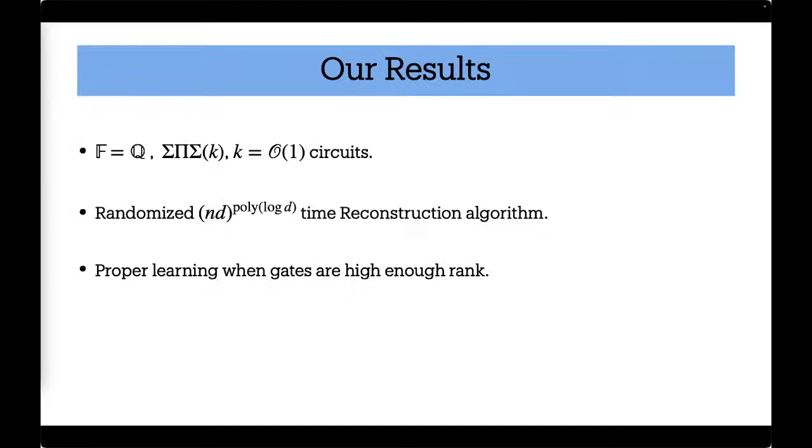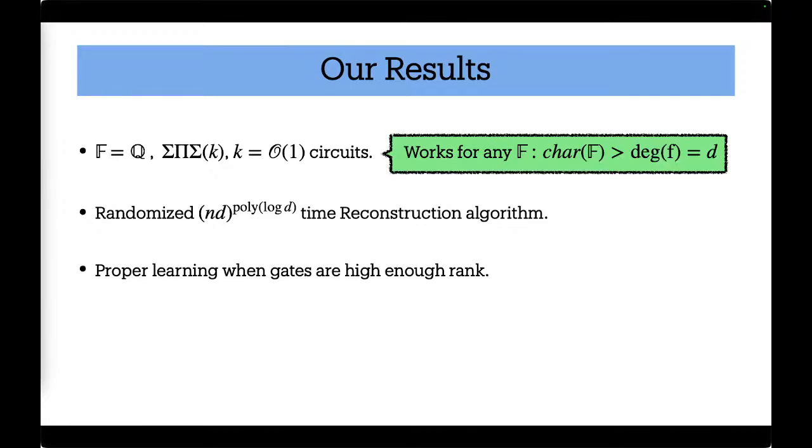Our result is, for the purpose of the talk, think of the field to be rationals. And the circuit that we are going to look at is constant top fan-in depth 3 circuits. I'm saying think of it as rationals, but any field that is characteristic 0 or characteristic at least d works, and we give a randomized quasi-poly time reconstruction algorithm, and this reconstruction algorithm does proper learning when, again, the gates are high rank enough.